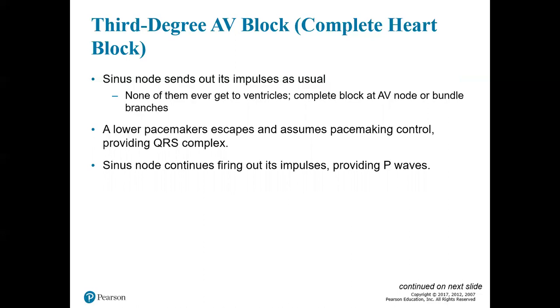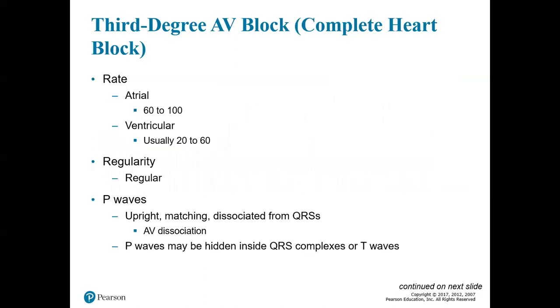However, it won't be able to maintain that heart rate between 60 and 100, so these patients are going to have a very slow heart rate. Their ventricular rate is usually going to be between 20 and 60. Their P waves will be upright, matching, but will not have any association to the QRS complex.